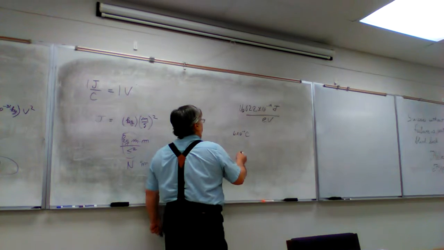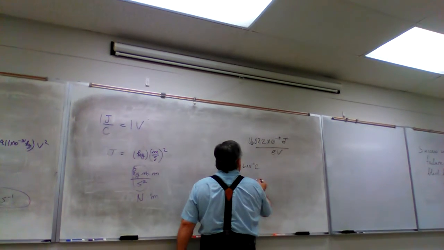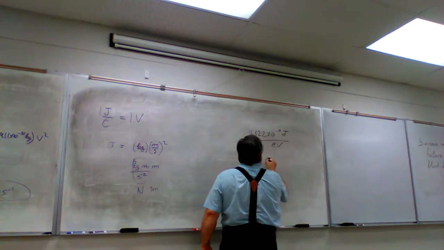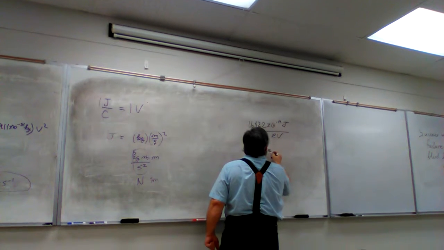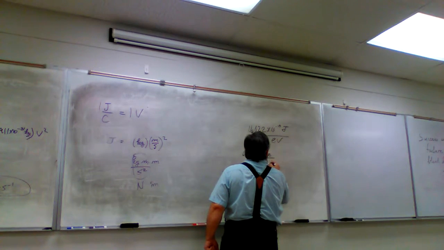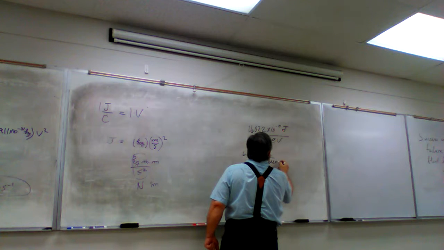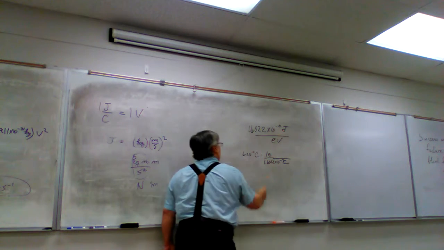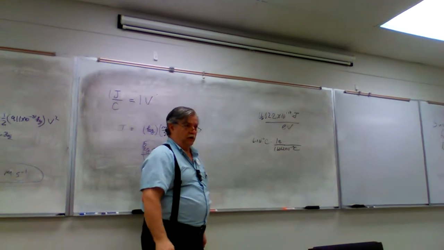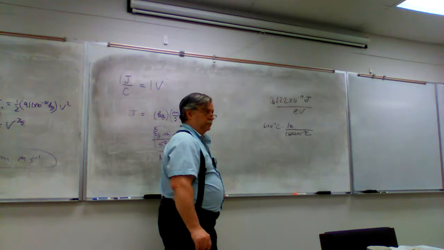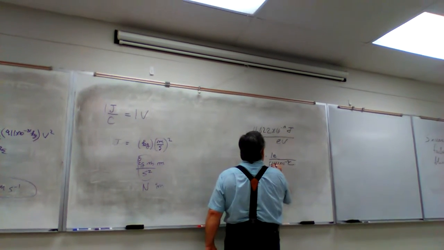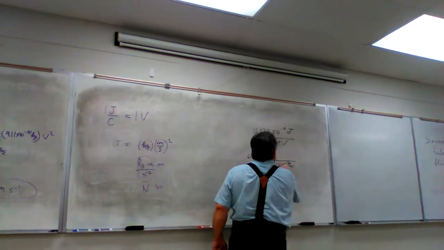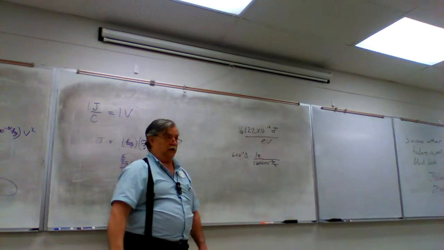Well, the first thing you have to do is convert coulombs into how many electrons worth of charge that is. You get 1 electron worth of charge for every 1.6022 times 10 to the minus 19 coulombs.